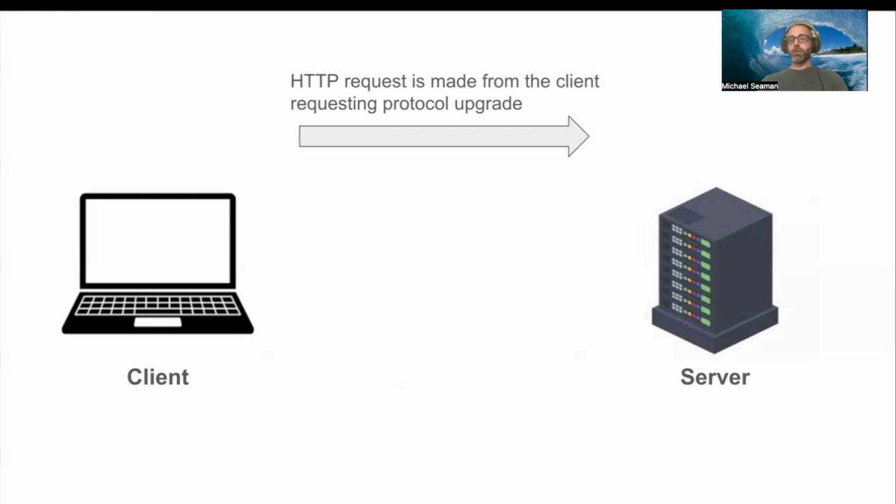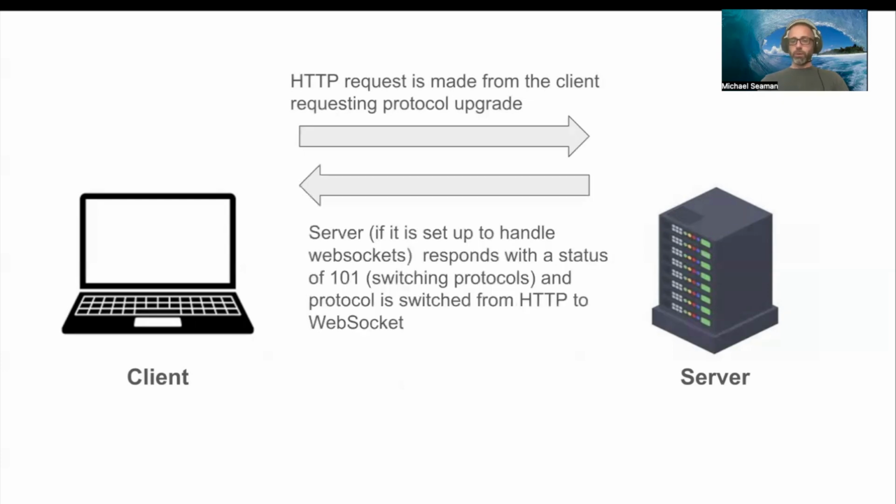You make an HTTP request to the server that requests a protocol upgrade. And so the server, if it's equipped to handle such a request, if it's equipped to handle WebSockets, will respond with a status of 101, which means switching protocols. And then the protocol is upgraded from HTTP to a WebSocket connection.